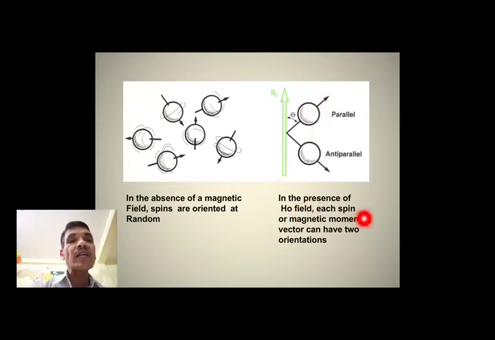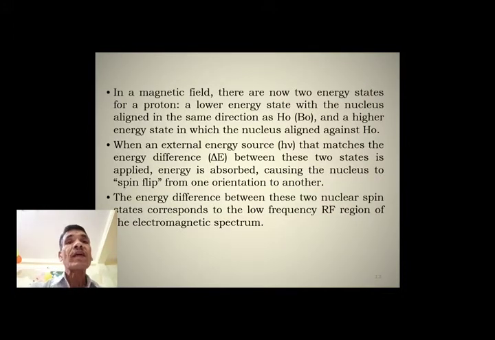In the presence of H0, each spin or magnetic moment vector can have two orientations. In a magnetic field, there are now two energy states for a proton: the low energy state with the nucleus aligned in the same direction as H0 or B0, and a higher energy state in which the nucleus is aligned against H0.